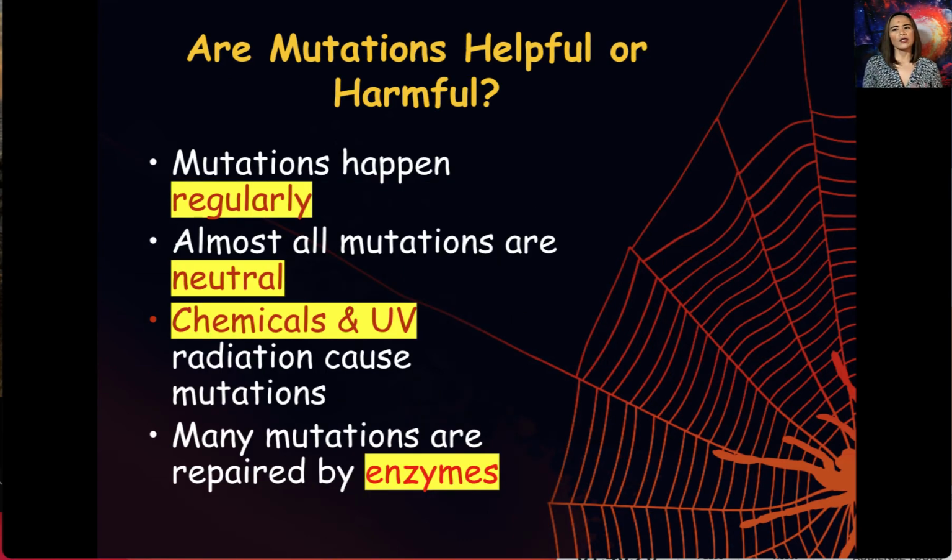Now, are mutations helpful or harmful? Just to keep in mind, mutations regularly happen, even if we don't know it. Some mutations are neutral, meaning they don't have any effect on humans. Some chemicals or UV, ultraviolet radiation, may cause mutations, and many mutations are repaired by enzymes, so therefore it may not affect the organism.